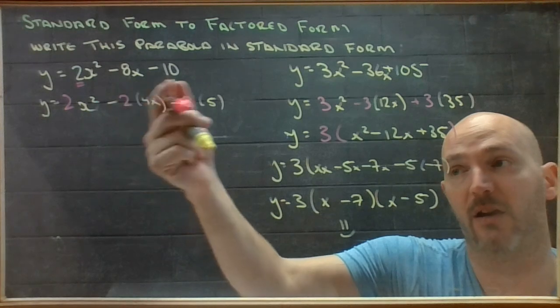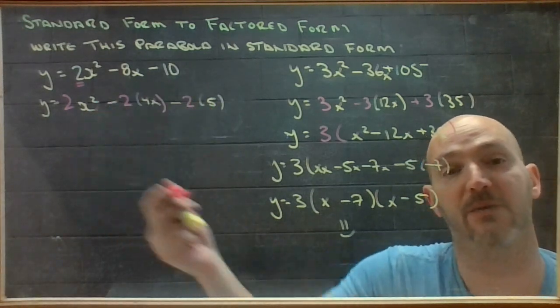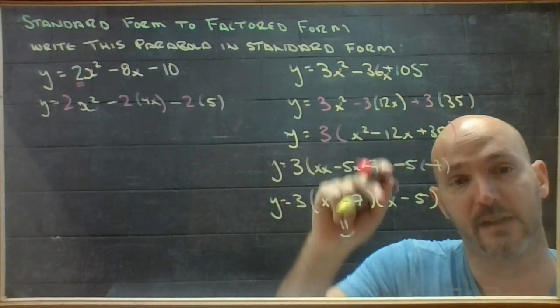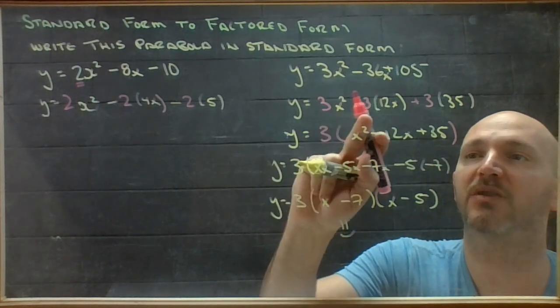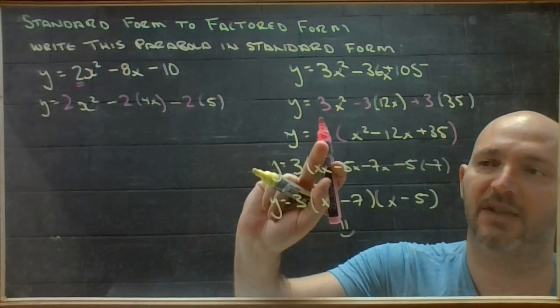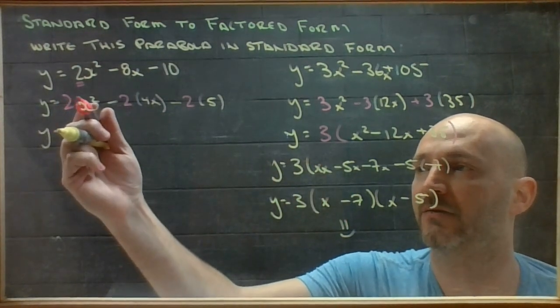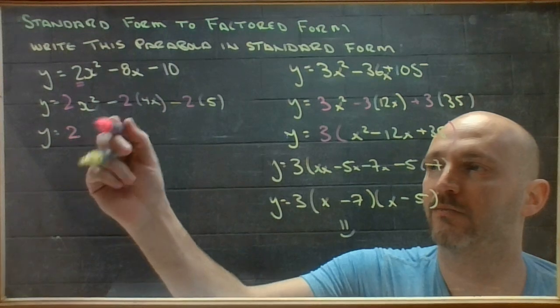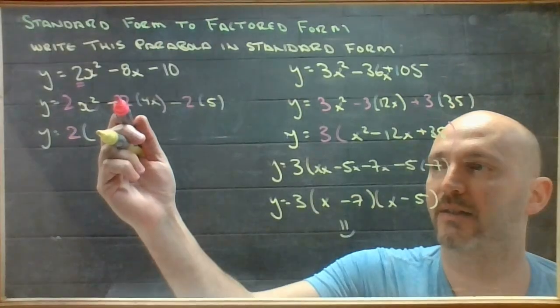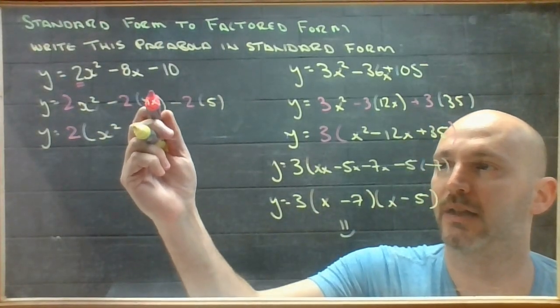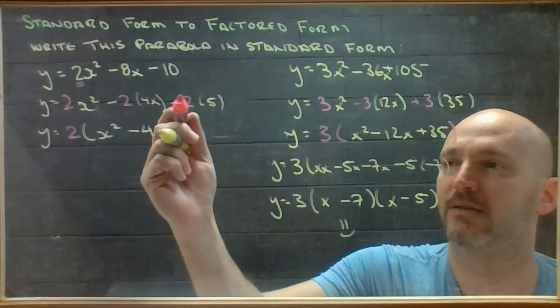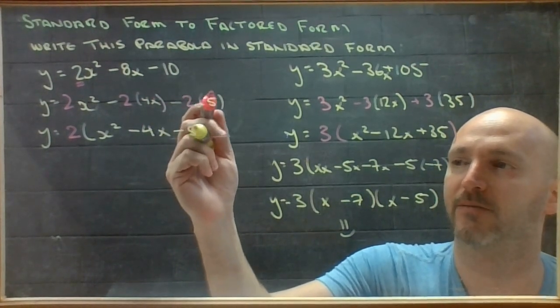So now that I've got all those things multiplying by 2 individually, just like this, I can shortcut it and say, don't multiply them all by 2 individually, just multiply the whole answer by 2. So out it comes, leaving an x squared, a negative 4x, and a negative 5.